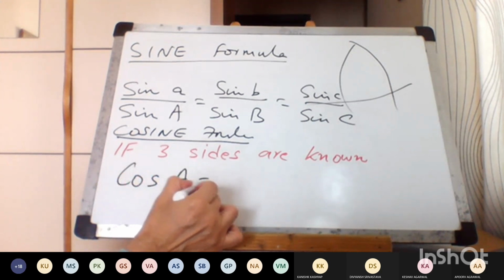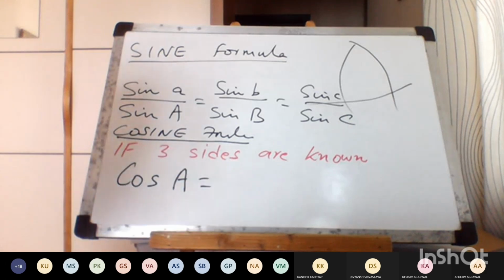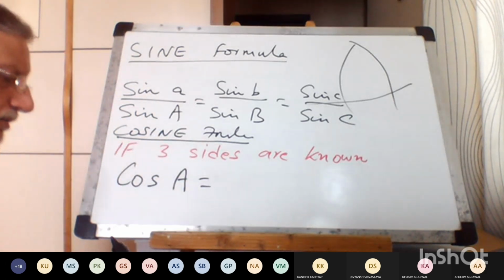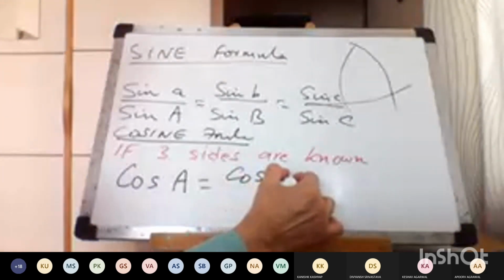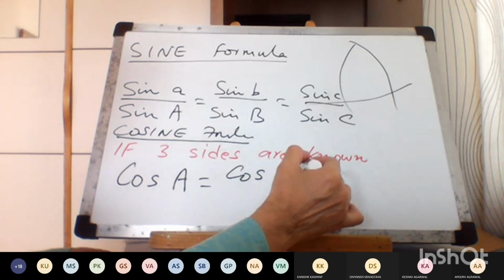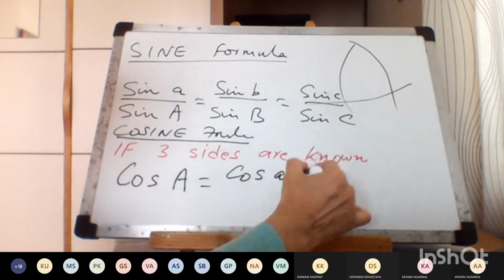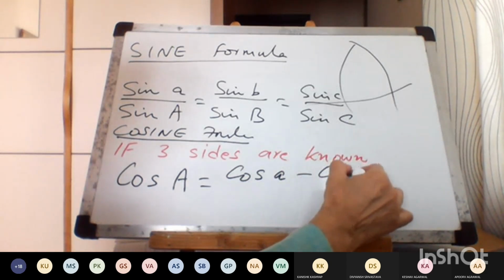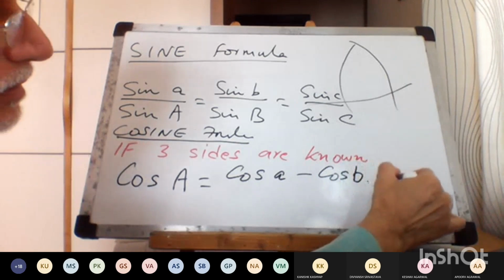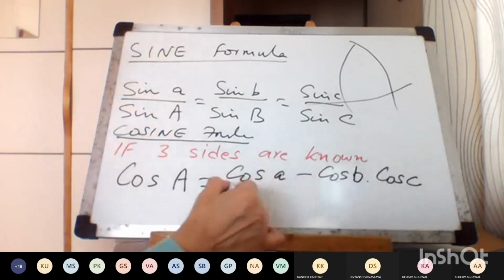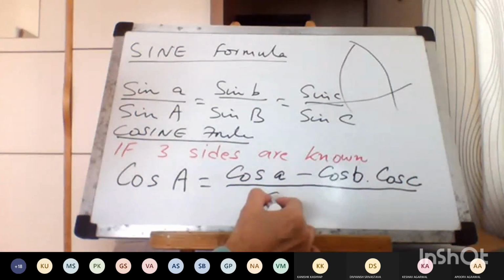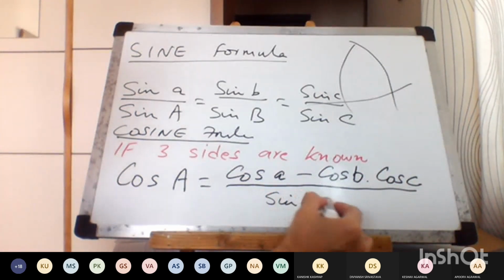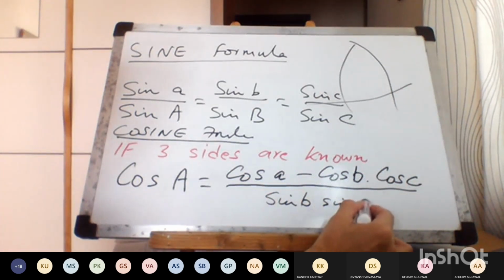If 3 sides are known, then you have to find the angle. Correct? Cos A is equal to cos a minus cos b cos c upon sin b sin c.